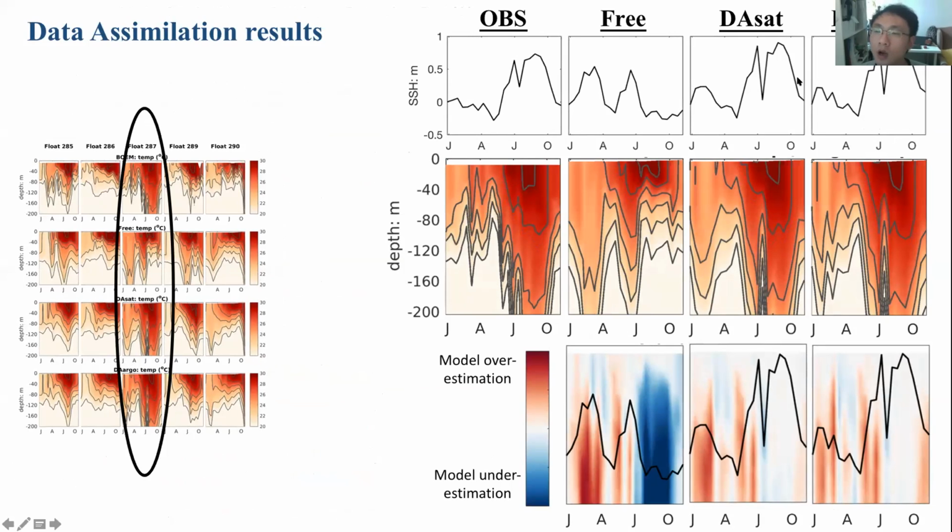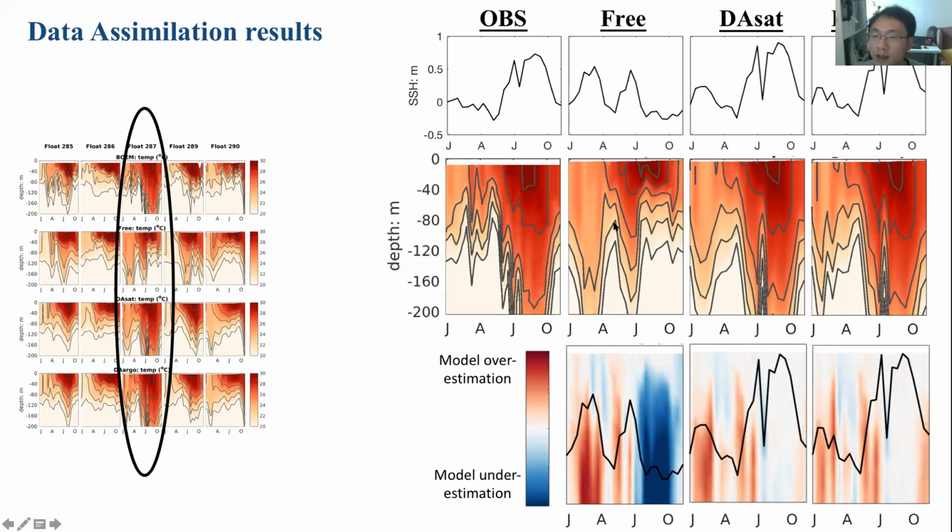Okay, so the top panel shows the measured and modeled SSH. The middle panel shows the temperature distribution, and the bottom panel shows the temperature bias relative to the observations. The warm color represents the model overestimation, and the cool color represents the model underestimation.